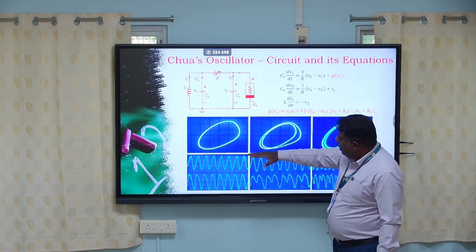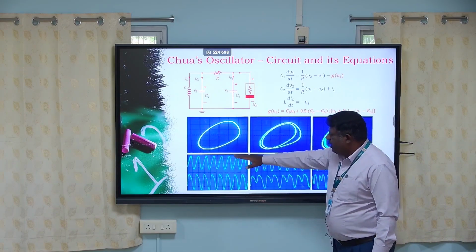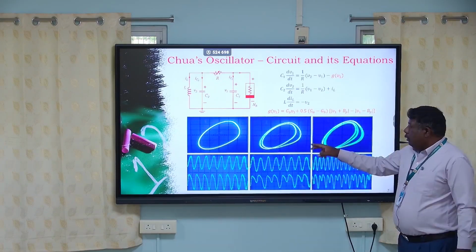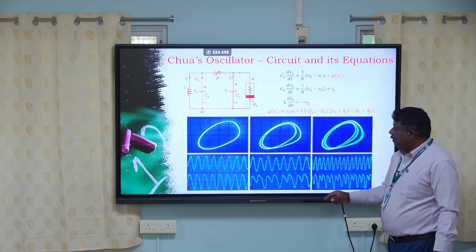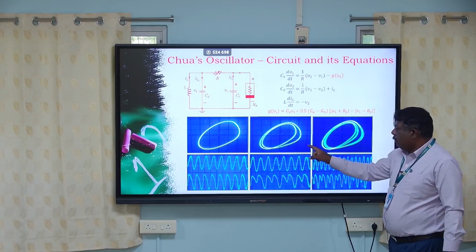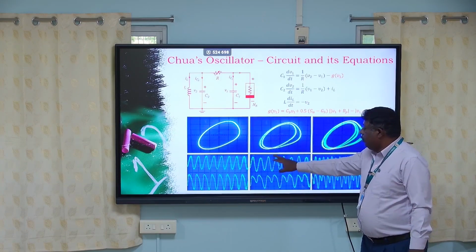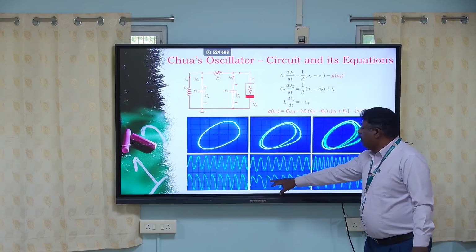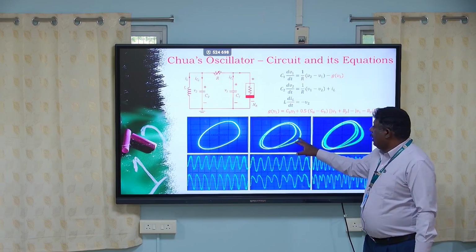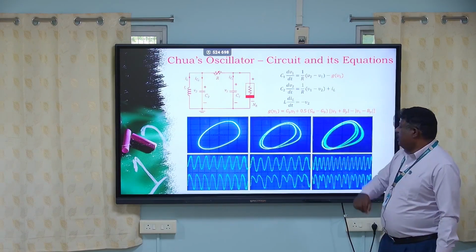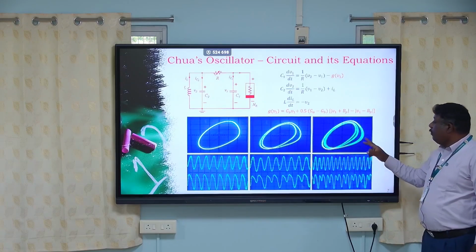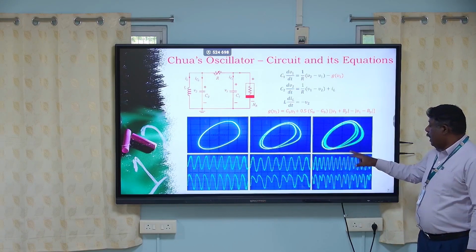We can find the amplitudes are all the same. In the second figure, the phase portrait gives 2 limit cycles, and here we can find 2 different amplitudes. Here also we can find 2 different amplitudes. So therefore we are getting 2 limit cycles. Here we are getting 4 limit cycles, 4 different amplitudes.